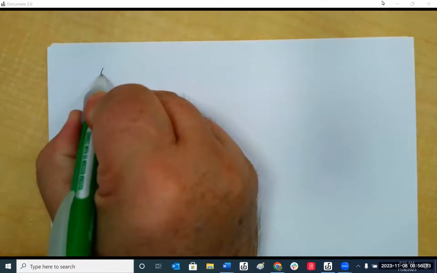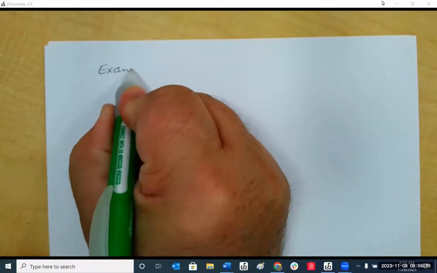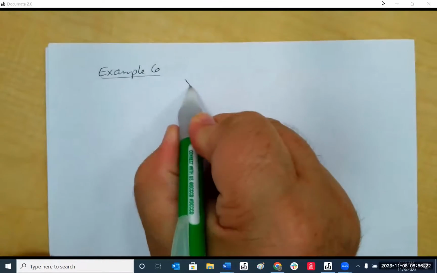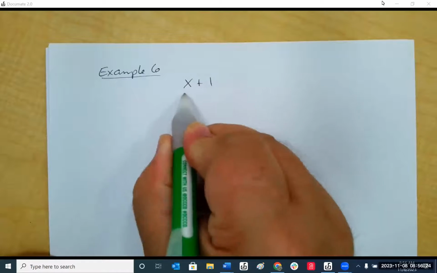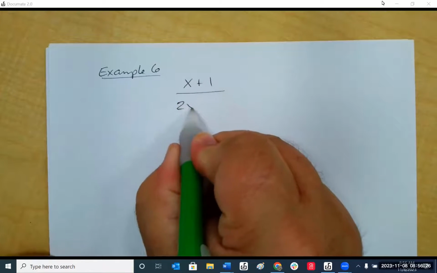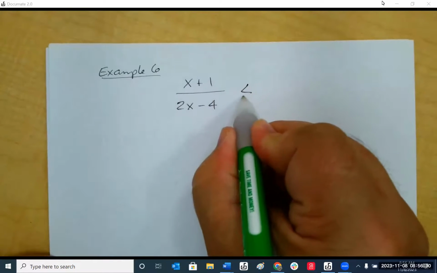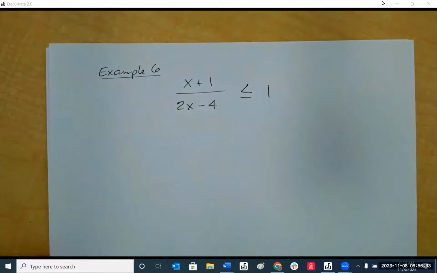Okay, let's look at number 6. (x plus 1) over (2x minus 4) is less than or equal to 1.